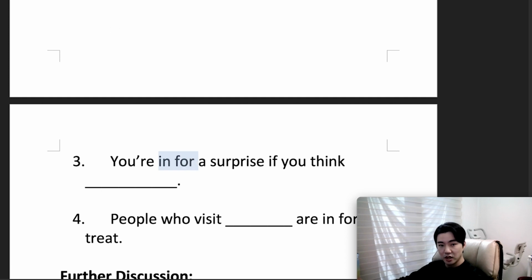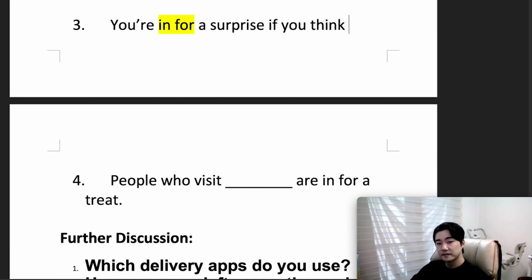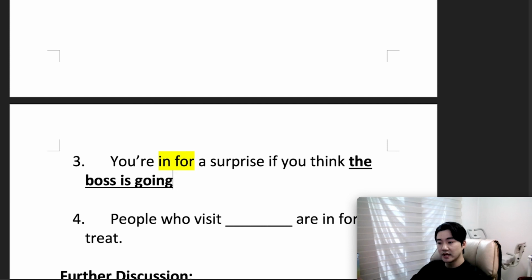Number 3. You're in for a surprise if you think blank. So, in for. Let's say you're in for a surprise if you think the boss is going to be happy. Alright. So, if you think your team leader, manager, or boss will be happy, you'll probably be surprised.